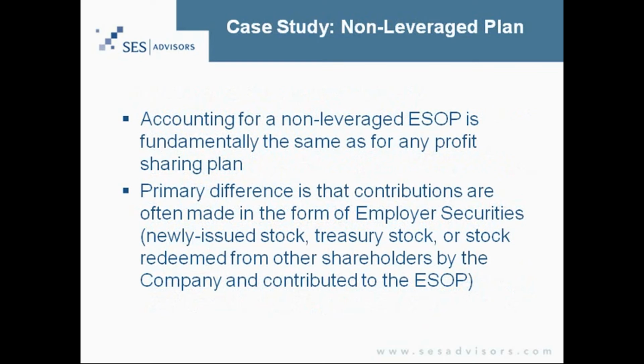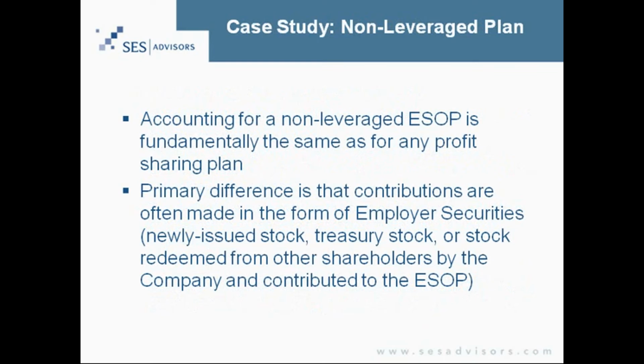The accounting for a non-leveraged ESOP, as we said, is essentially the same as for any profit-sharing plan. The difference is that we're issuing stock, and that might be newly issued stock, treasury stock, or shares we're redeeming from other shareholders, and in turn contributing to the ESOP. The board declares a contribution. They might declare a contribution in the form of X number of shares of common stock.